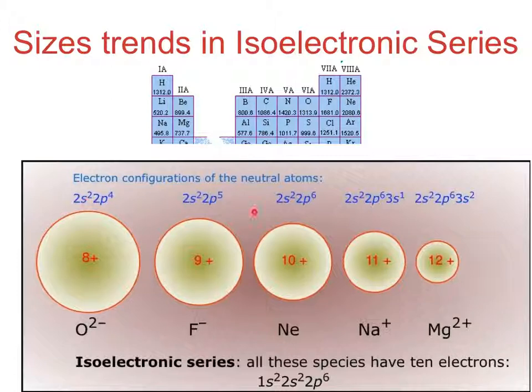Now their neutral atoms are different, but their electron configurations are the same. So their electrons are the same. What's the only thing that's changing? The only thing that's changing is the number of protons in the nucleus. So in an isoelectronic series, as you increase the nuclear charge, you are making the atom smaller because these electrons now are more attracted to that higher effective nuclear charge.